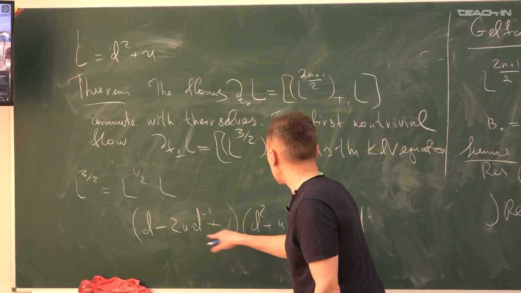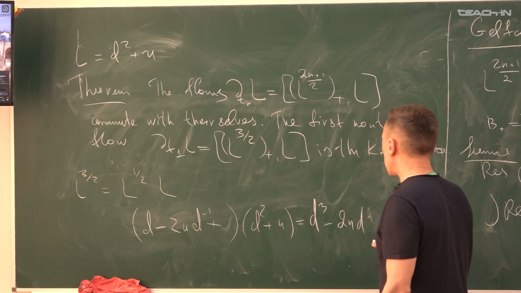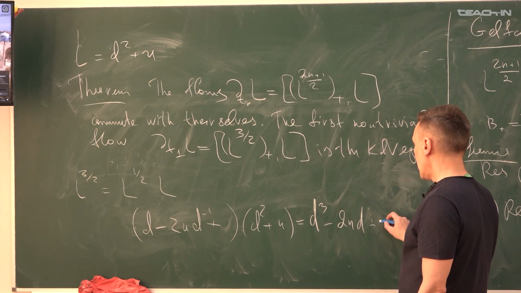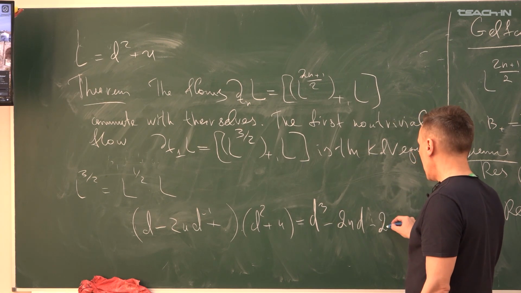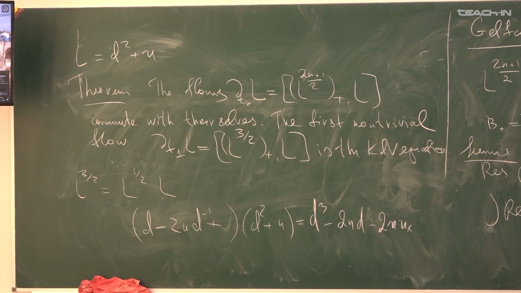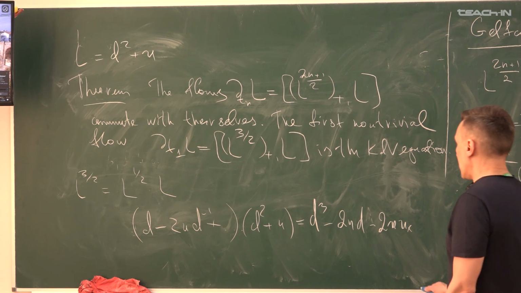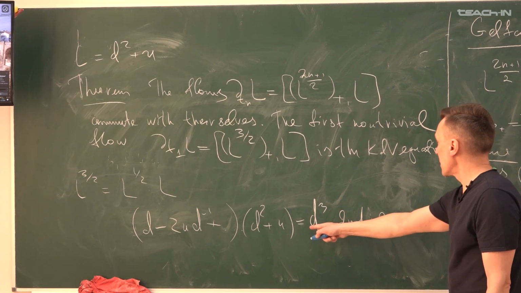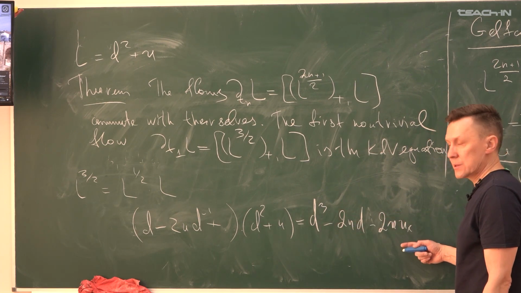And then when we multiply this by this, we get minus 2u' u_x. And if I understood, it is all the non-negative part.